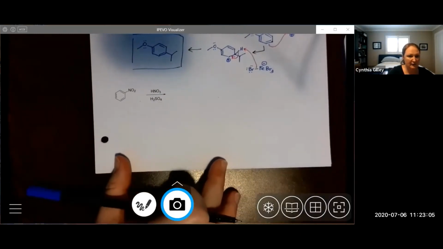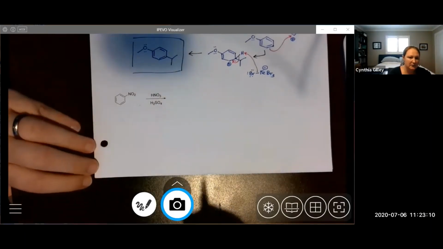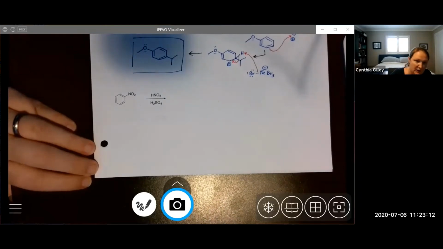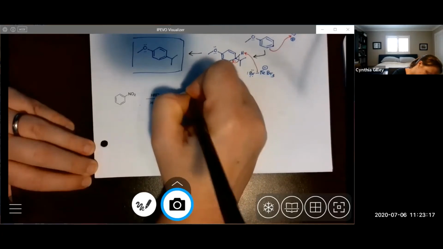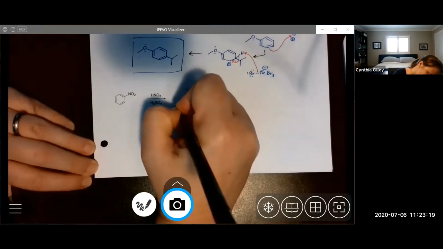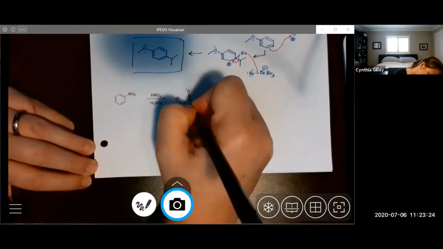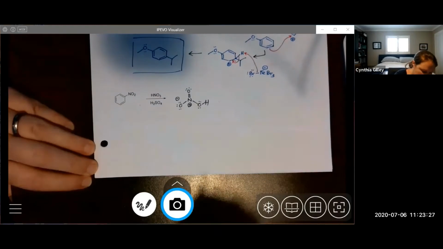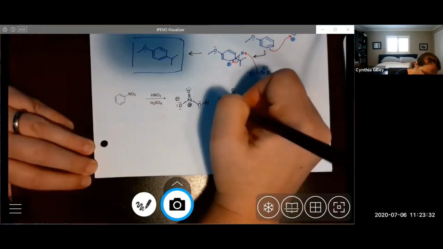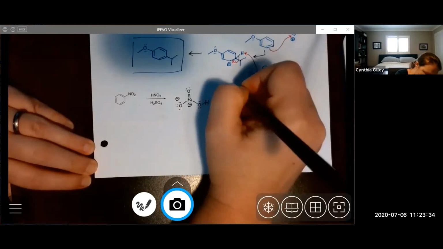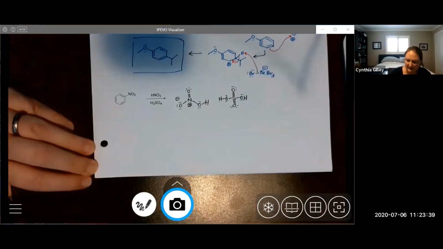Then for the nitration, we have to generate the active electrophile, which is nitronium ion. First, we have to draw out nitric acid and sulfuric acid. Sulfuric acid is one of the only acids that's really strong enough to protonate nitric acid.